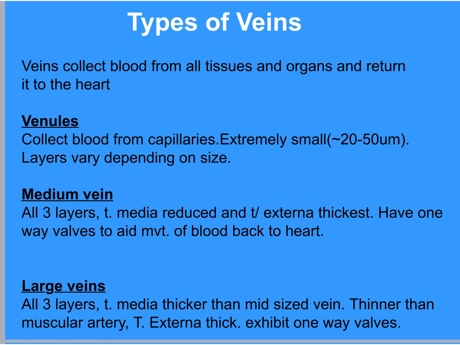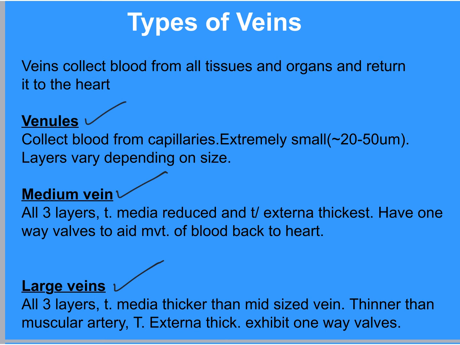So this slide here, I've already mentioned that venules come together to make medium-sized veins, and medium-sized veins come together to make large veins. So this is just a reiteration of what I went over in the picture a few slides ago.